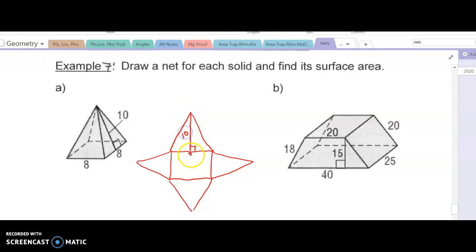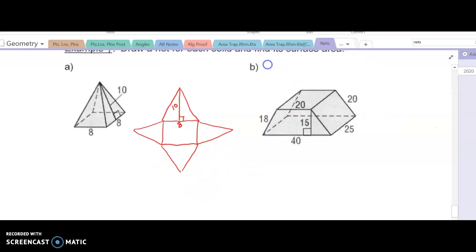And the base is 8. And so let's see, we've got 4 of these yellow triangles that have that same situation. So let's see, 1/2 base times height, 1/2 8 times 10 is going to be 40 for each yellow triangle. And then 8 times 8 for the middle piece would be 64.